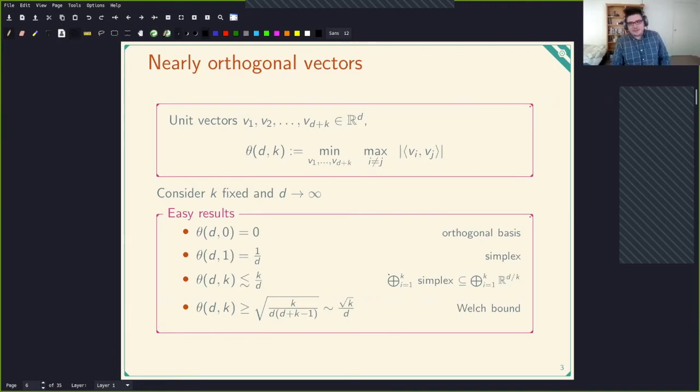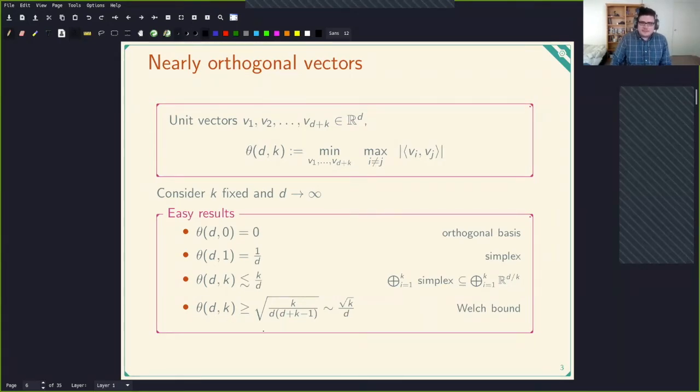So I'll think about having a d over k dimensional simplex, break up my space into k pieces of dimension d over k, orthogonally stack up a bunch of simplices, and we'll get that all inner products are at most roughly k over d in this picture. So these are all kind of upper bounds.